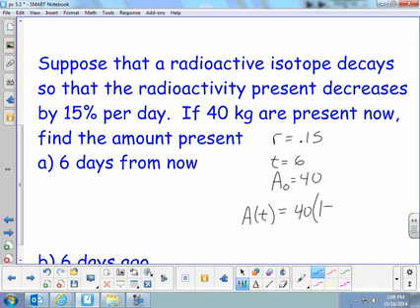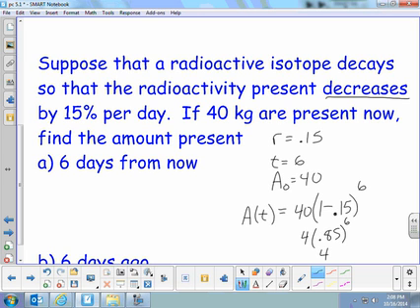So I need to be subtracting, decreases. And my time is 6. Make sure you follow order of operations here. 0.85 to the 6th. You need to put that into your calculator first. So 0.85 raised to the 6th power is like 0.377.